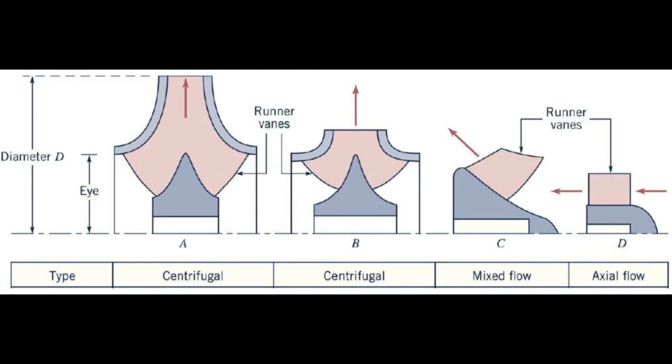In the mixed flow case, with higher specific speed, those runner vanes are at an even steeper angle, and you can see the angle of flow coming in now is at some mixed angle. It's not left and right, nor up and down as in the centrifugal case, but some mixed flow. And then as we get to the axial flow pumps, the vanes are completely up and down. Flow coming in is the same direction as flow going out.